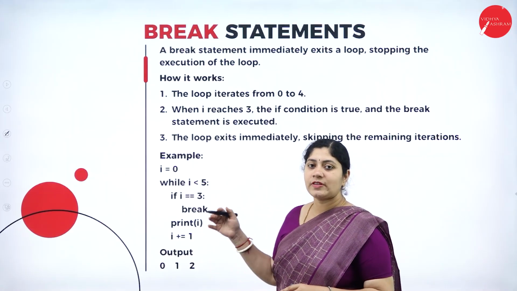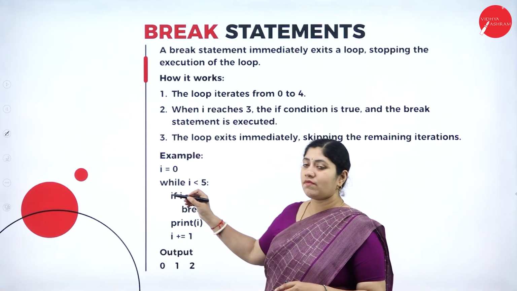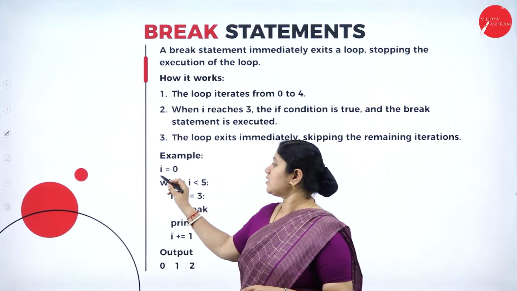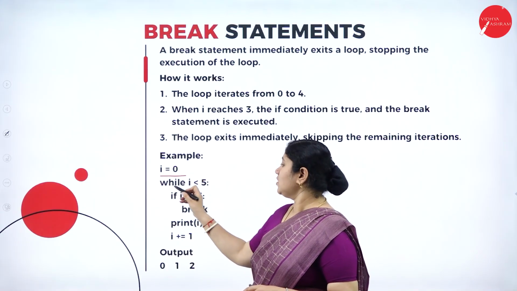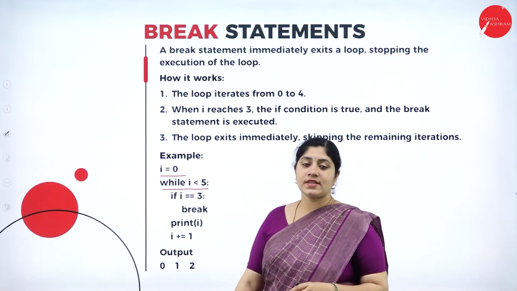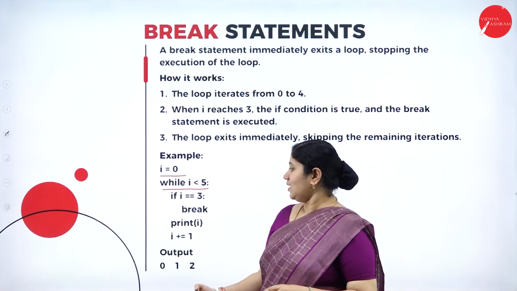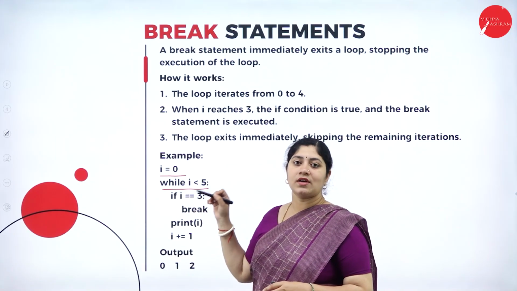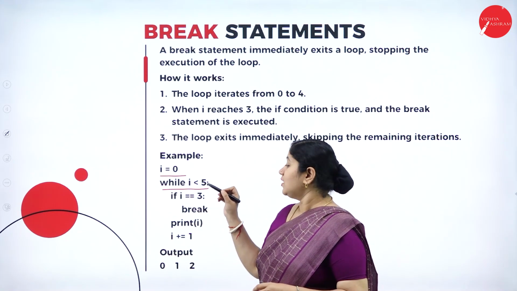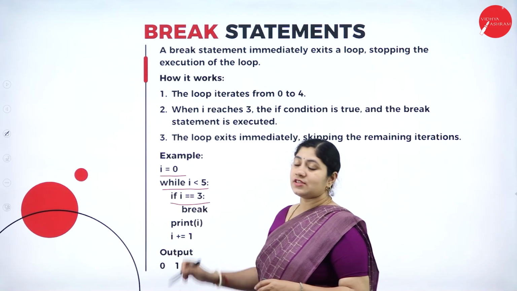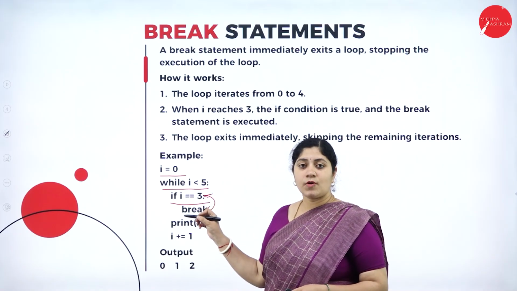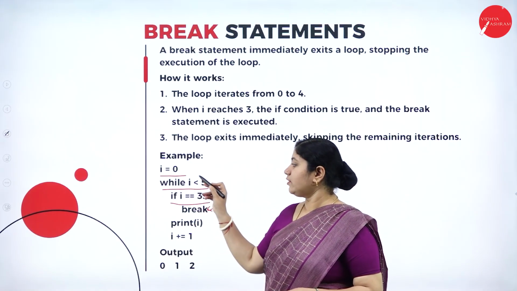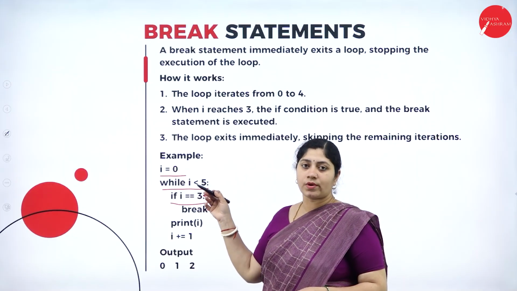Let's learn this with a simple example. So we have considered the initial point, i equals 0, and we have written a looping statement, that is while i is less than 5. What's next? Yes, we are writing a condition statement there, if i is equal to 3. Thus, what happens here is that i iterates from 0 to 4.